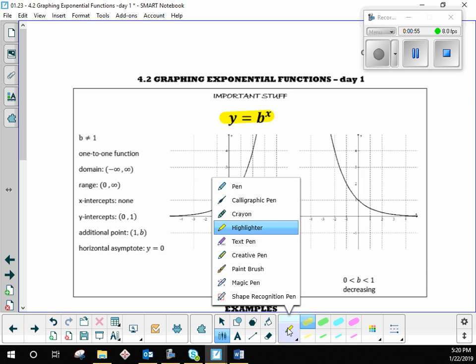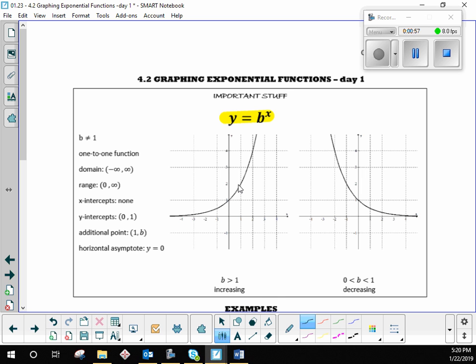And let me tell you why these are called exponential functions. It's not just because there's an exponent in the function. For example, this we call a quadratic, it has an exponent. We do not call that an exponential function because its exponent is a number, an integer.